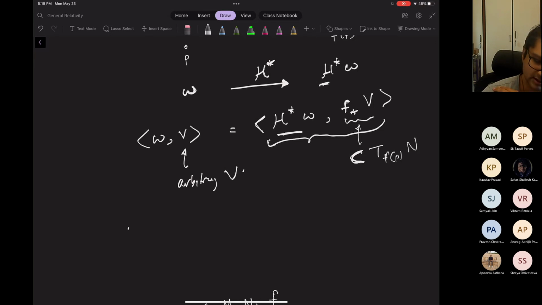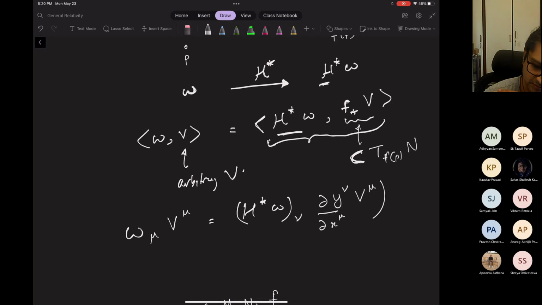Okay, so let's write it in components. We'll see what the problem is. So we'll write omega mu V mu is equal to H star omega. Sorry, the other way. H star omega nu, and this F star V we can write using the Jacobian, partial y nu partial x mu, v mu.